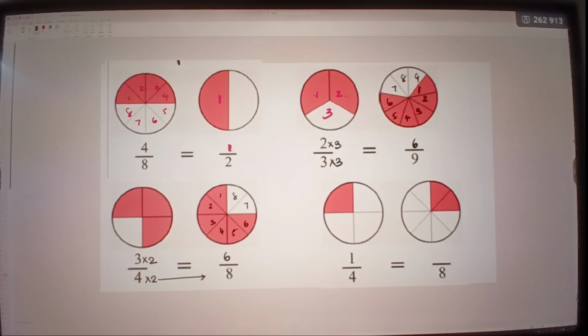6/8. Here from 4 to 8, what operation? Divide by 2. So if you divide by 2, 8 divided by 2 gives you 4, and 2 divided by 2 gives you 1.